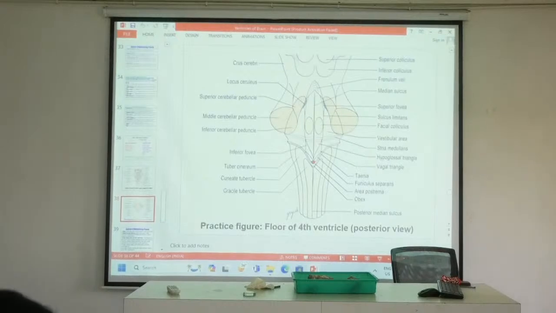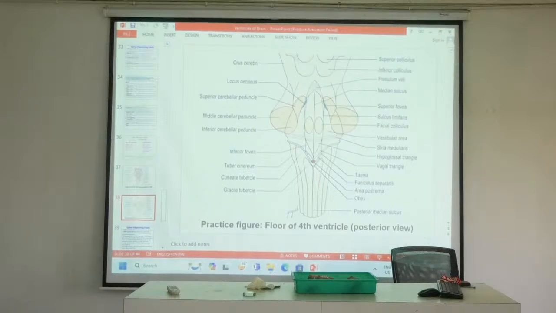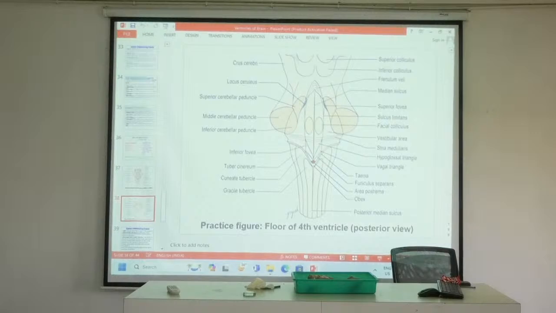Lateral to the median eminence, here is the sulcus limitans. Near the superior fovea, the bluish colored one is the locus ceruleus. And in the lower part, here is the hypoglossal triangle. Here is the vagal triangle. These are the striae medullares.